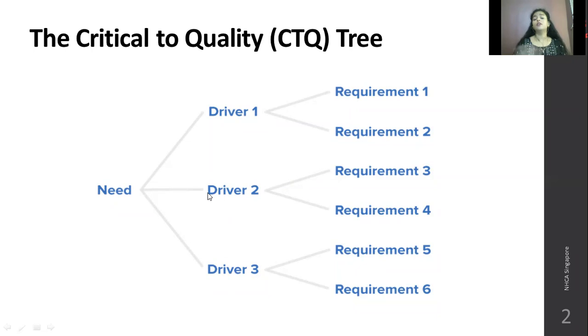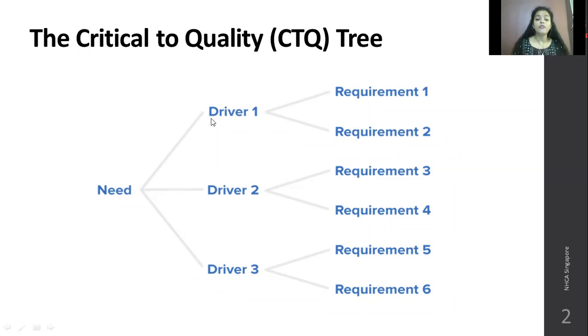So driver one is waiting time. Driver two was overcrowding. We don't want overcrowding in the hospital because infections can transmit way too easily. Driver three was that we did not have enough staff.